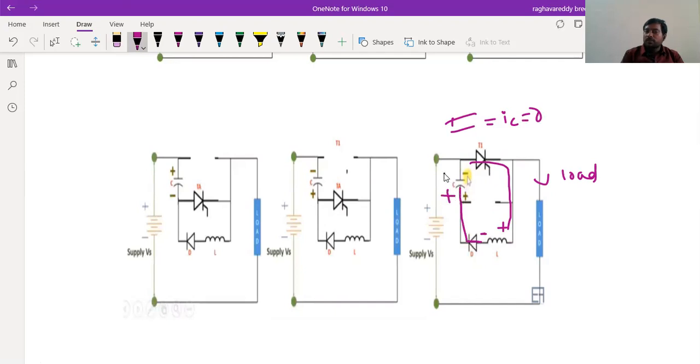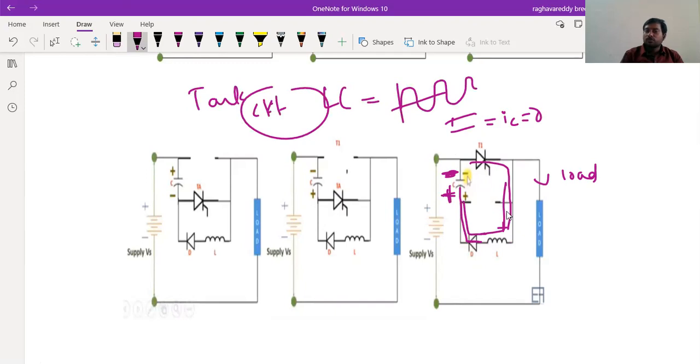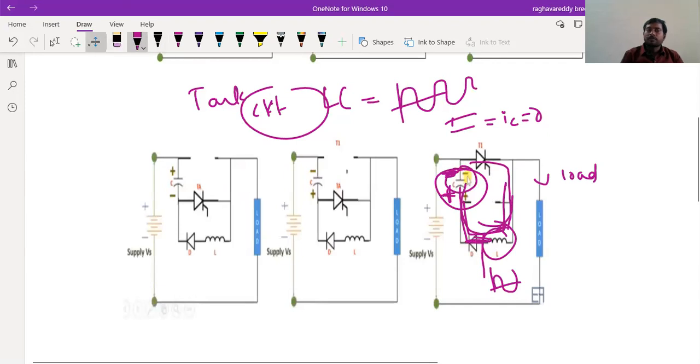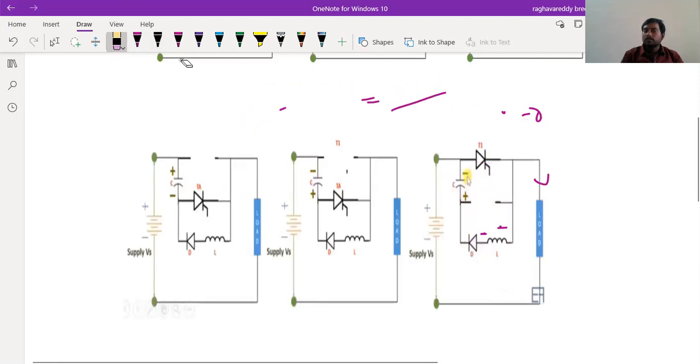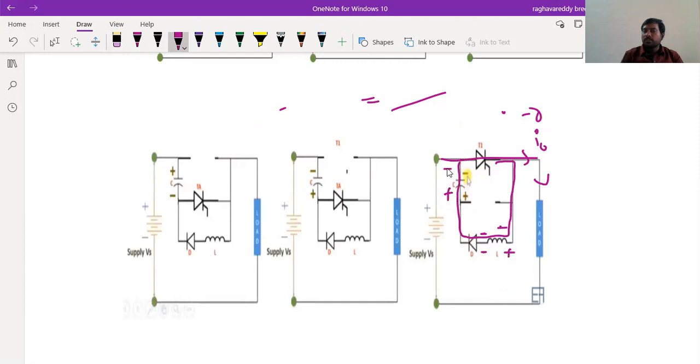This LC combination current is a sinusoidal current, because a tank circuit comes into the picture with only the inductor and capacitor available. The current through the load loop is constant, and in the other path the inductor is charged and the capacitor is again positive and negative.